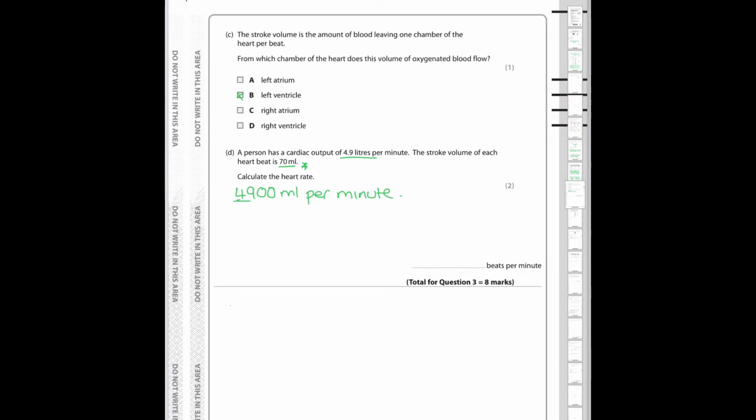And that would be divided by our 70 millilitres, which is the stroke volume, and that gives us an answer of 70 beats per minute.